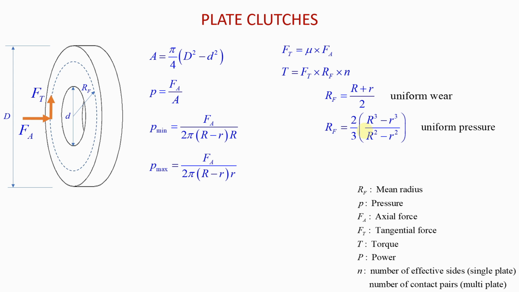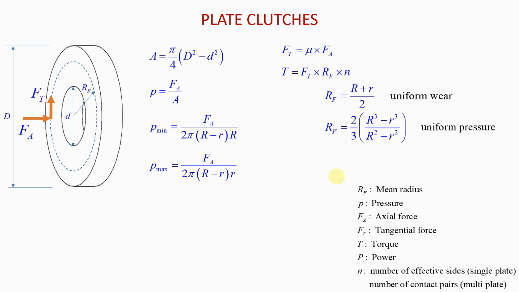If it's uniform pressure, then we assume that the pressure is uniform. Those are the two theories that you will have to identify when you have a question, so that you know which equation you will use to find RF, which is the mean radius. So if it is uniform wear, you use that equation to calculate RF. If you're dealing with uniform pressure theory, then you will use this equation to find RF. Usually in the question, they will tell you which it is.